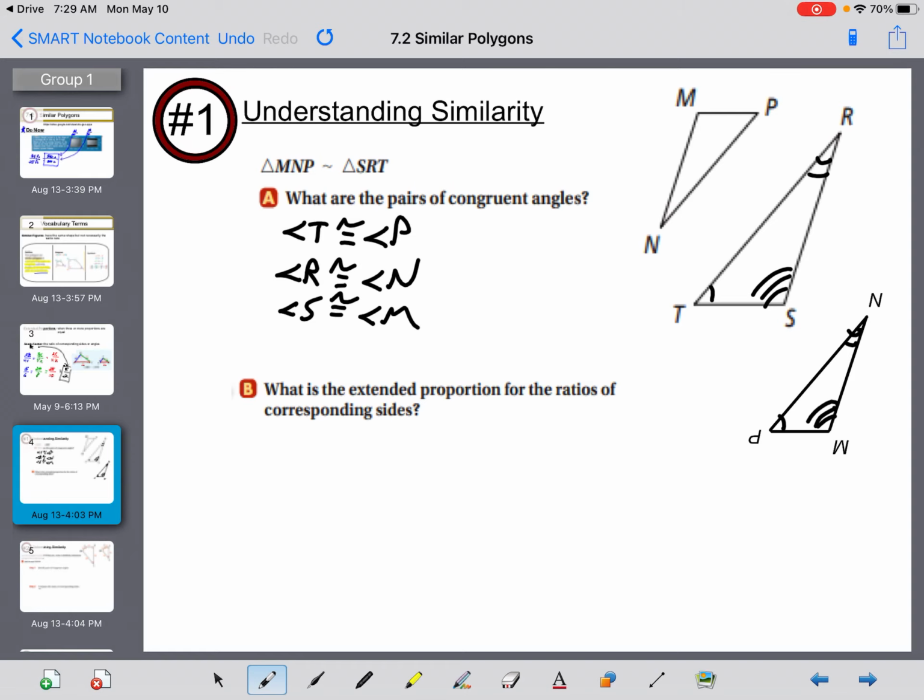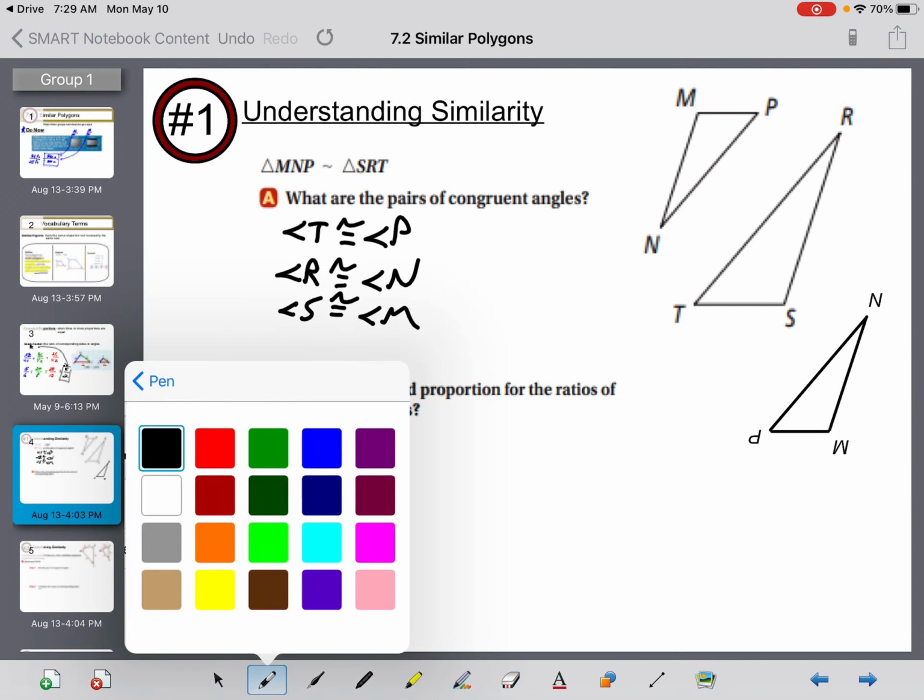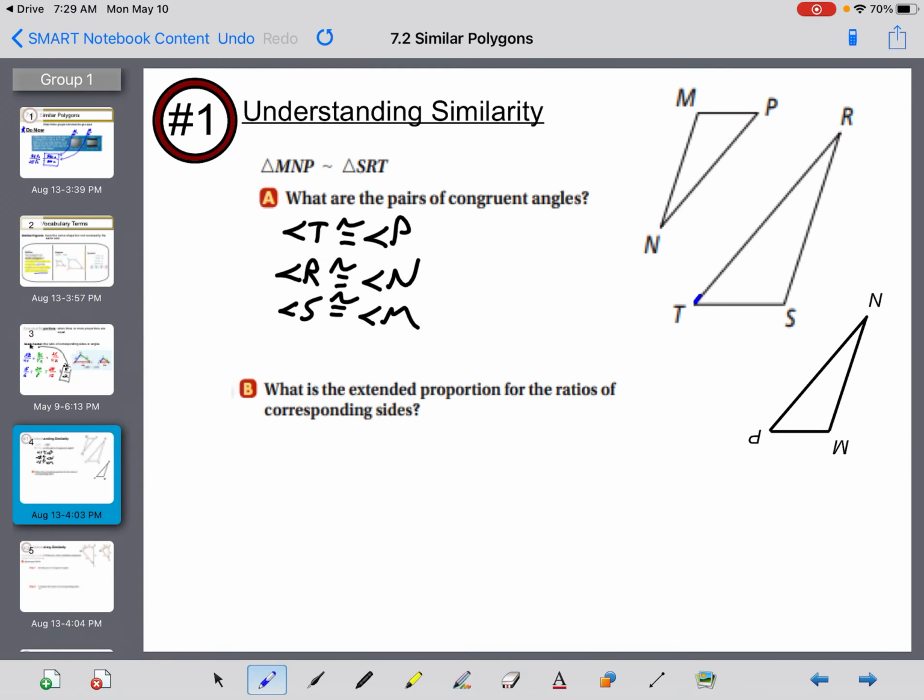Now it says, what are the extended proportions for the ratios of the corresponding sides? Well, that's where we just kind of went around the triangle and wrote it out. So side TR is proportional, so I shouldn't put a congruency sign, to NP.